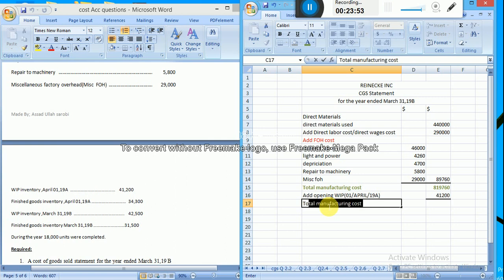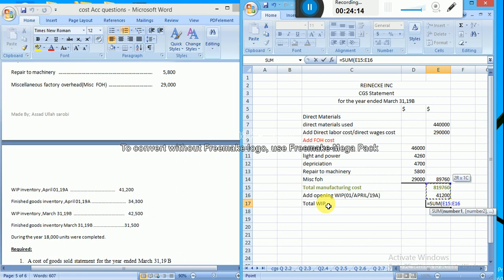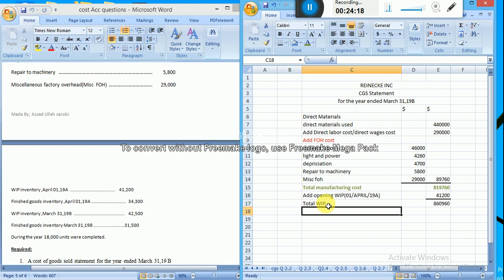Clear? Total work in process cost. We will simply add them, the previous year plus the current year work in process. So now our total work in process is 8,60,960.